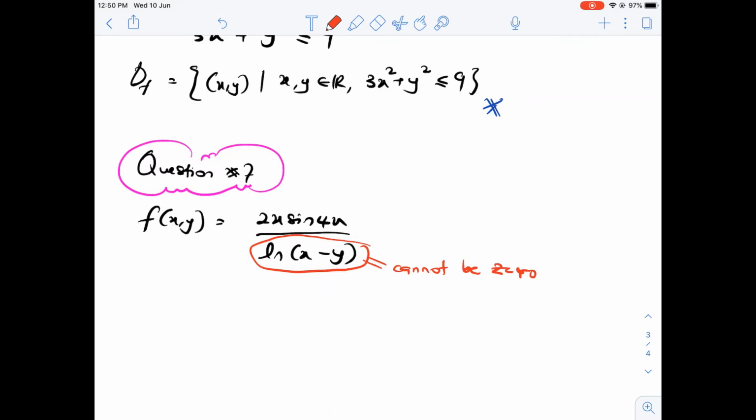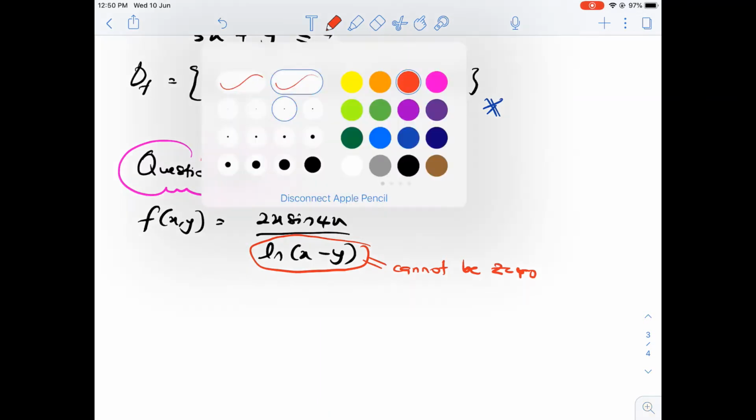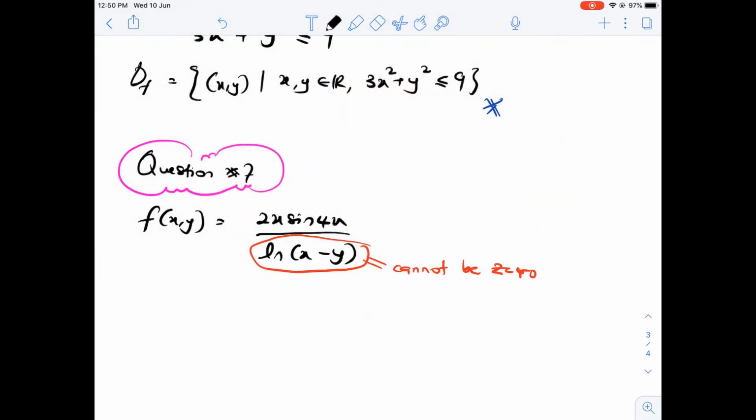So we have two conditions here. First, we know that in ln(x - y), the inside must be greater than 0, right? So we will have x greater than y. Okay, so that settles one part. But we also know that the denominator cannot be 0.